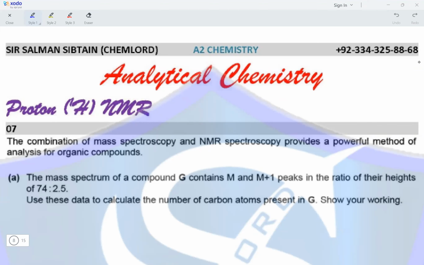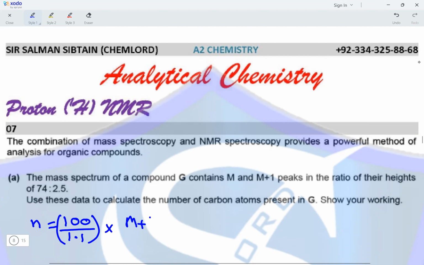So the formula for the calculation of the number of carbon atoms is equal to 100 upon 1.1 multiplied by the height of the M plus 1 peak upon the height of the M peak.